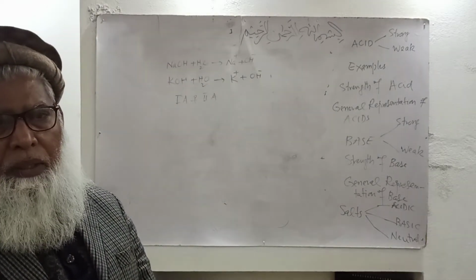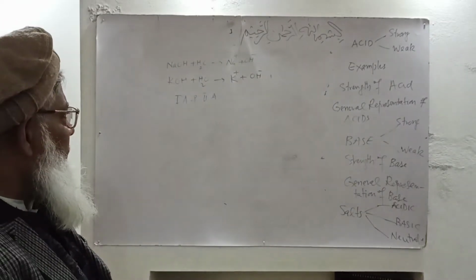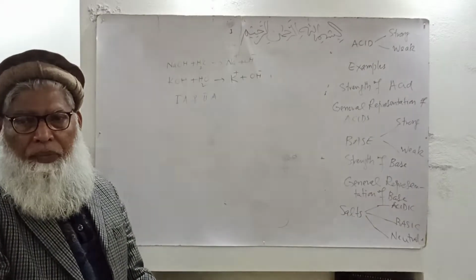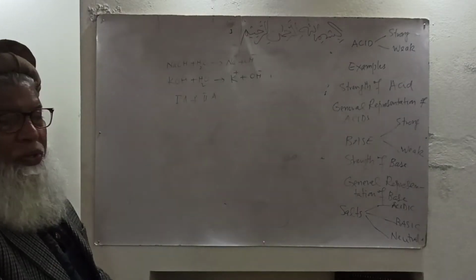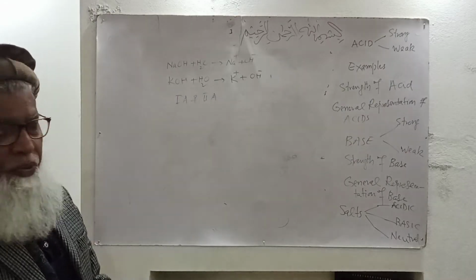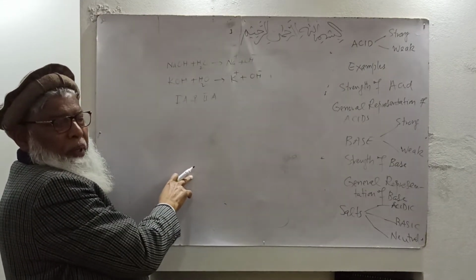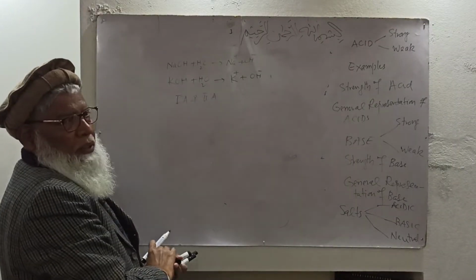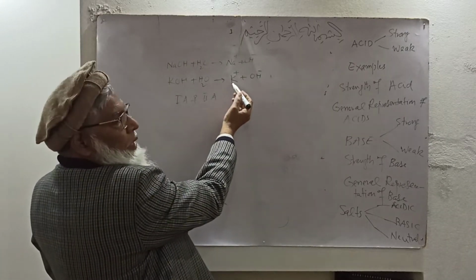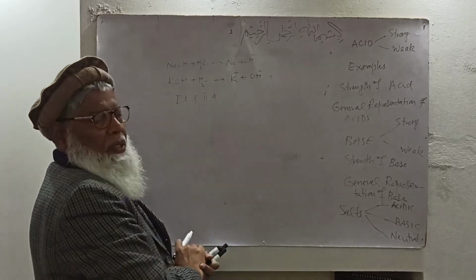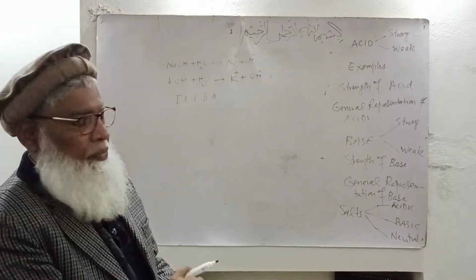are mostly known as strong bases, and their basic strength increases down the group because the metal ion gradually decreases in its charge density.